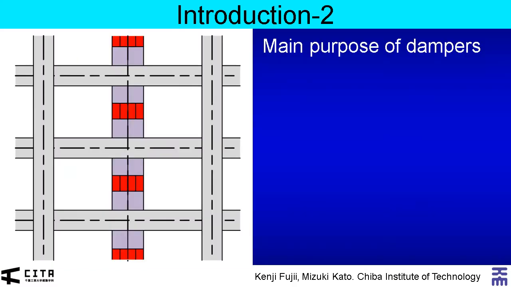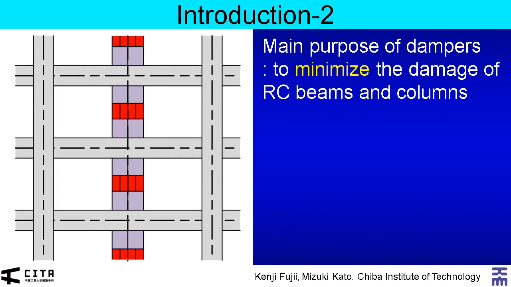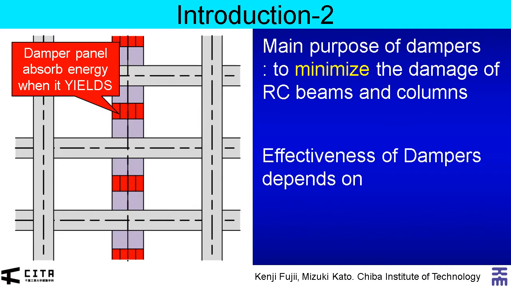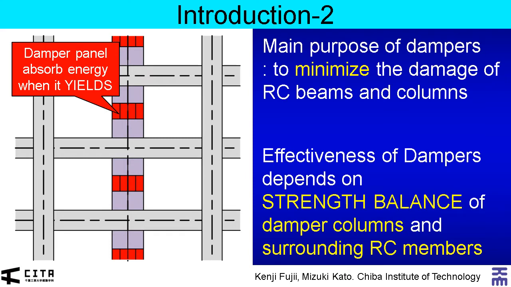The main purpose of dampers is to minimize the damage of RC beams and columns. The damper panel shown here begins to absorb hysteresis energy when it yields. So the effectiveness of dampers depends on the strength balance of damper columns and surrounding RC members.